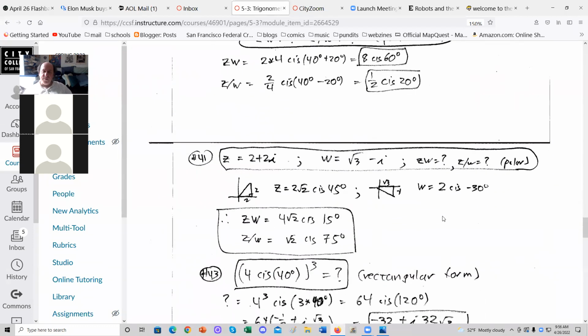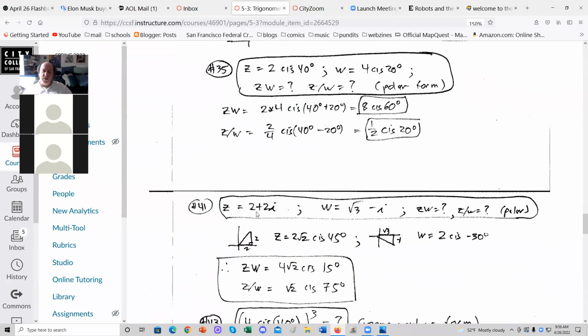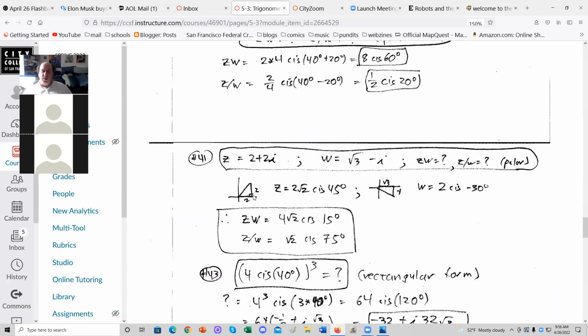All right. Here we have two numbers, 2 plus 2i and root 3 minus i. Find their product and their ratio in polar form. All right, Z is over 2, up 2. So isosceles right triangle. The hypotenuse is root 2 times the side, so it's 2 root 2. The angle is 45 degrees, so 2 root 2 cis 45.